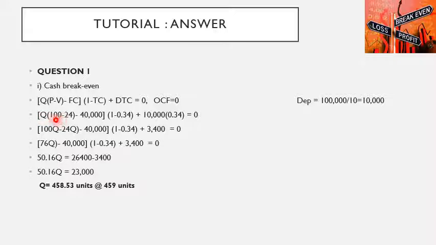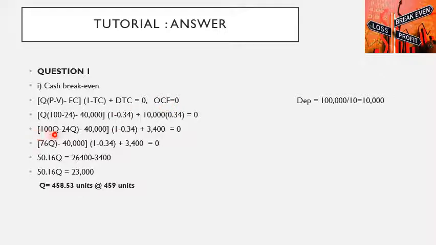Because our concern in break-even analysis is to find Q, we just leave the Q. So you put 100 ringgit as the price, minus 24 ringgit variable cost, minus 40,000, that is FC, times 1 minus 0.34, plus 10,000 times 0.34, equal to 0, because cash break-even is when OCF equals 0.